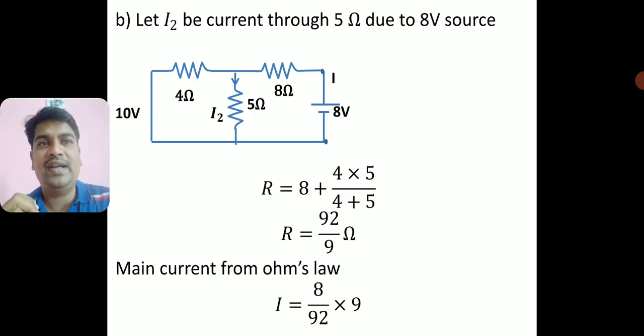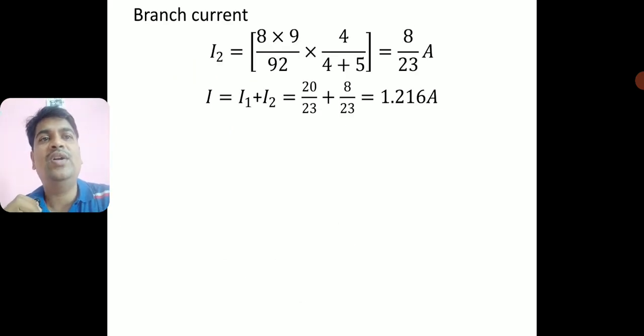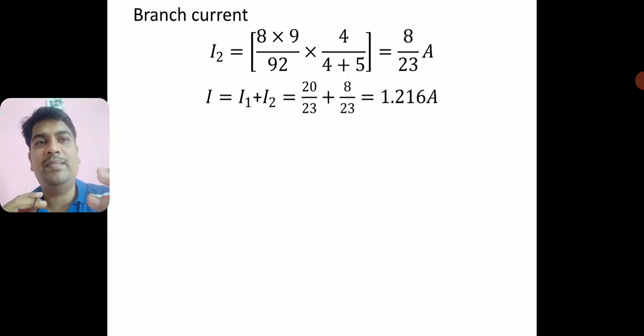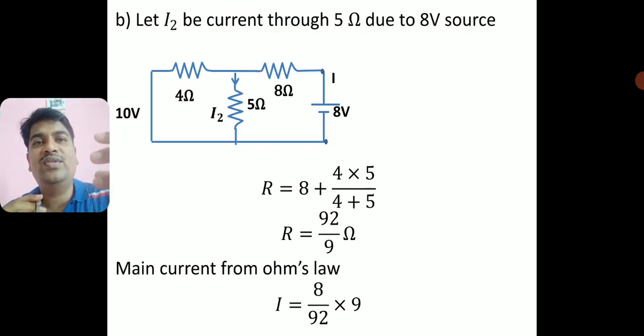Now the main current is total voltage by total resistance. Total voltage is 8 volts, resistance is 92 by 9. I got the main current. Let us find the branch current by applying the branch current formula. It is the main current into the resistance in the other branch, divided by the sum of the two resistances. So the main current is 8 into 9 by 92, into the resistance in the other branch. Look at the two branches: one is 5 ohm, another is 4 ohm.